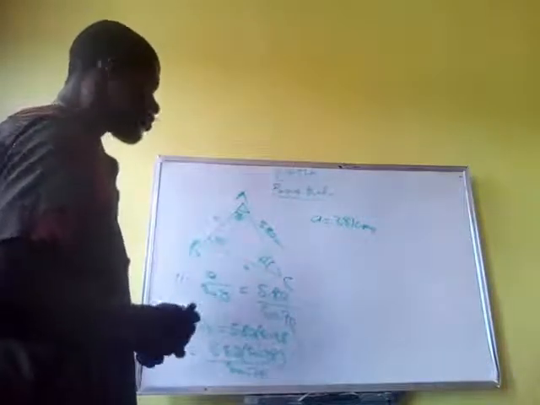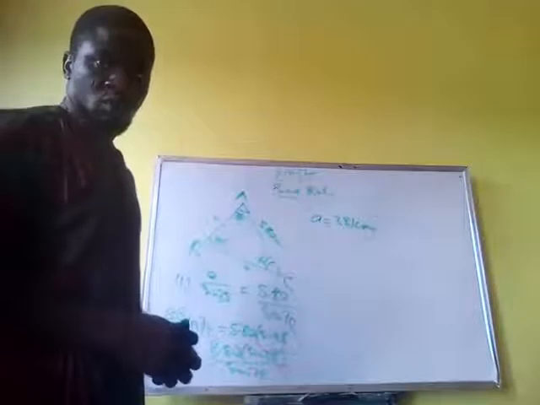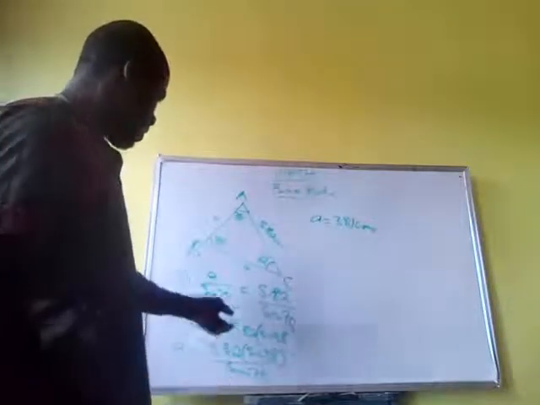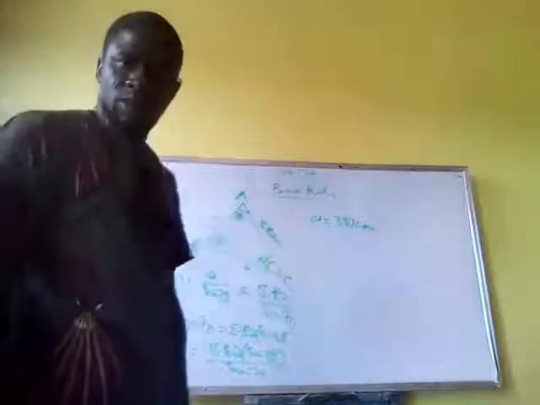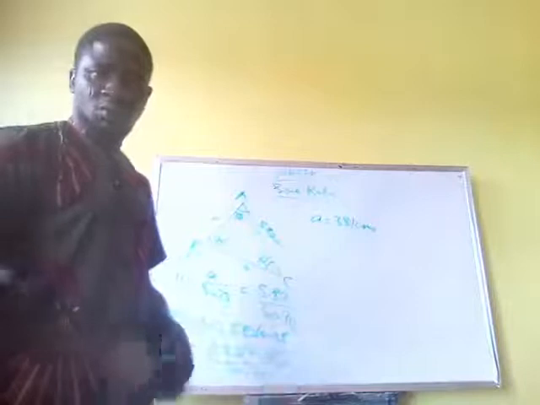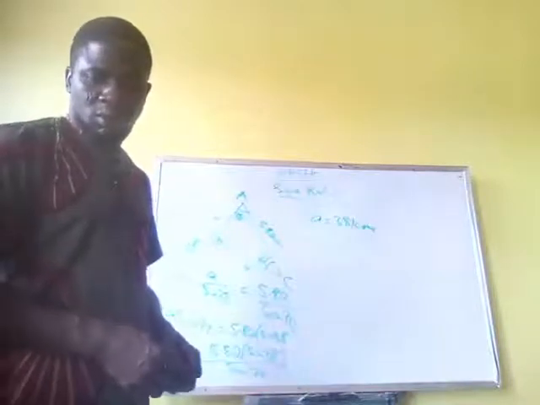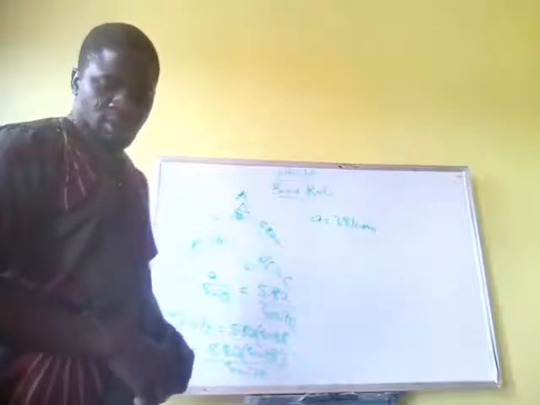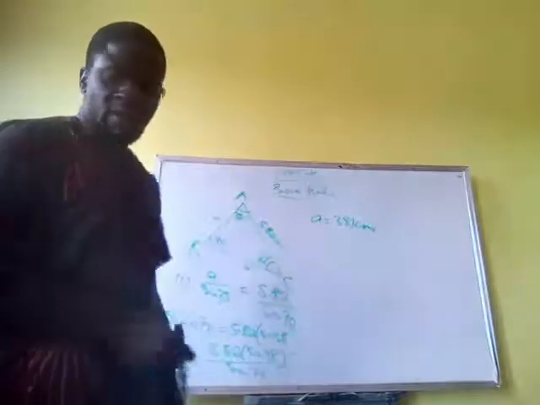In this case, you cannot use Pythagoras theorem, mind you, because this is not a right angle triangle. If it's a right angle triangle, it's easy for us to use Pythagoras theorem. So what we'll be doing now is to find the value of c.